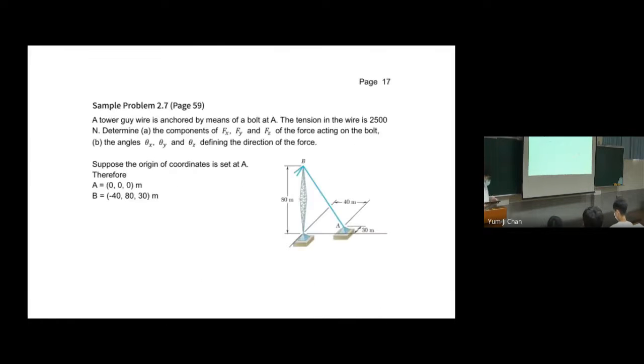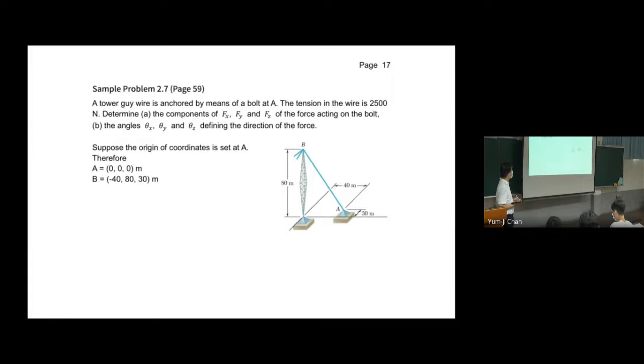Okay, let's do sample problem 2.7. I will only do part of it, because it is in the textbook, and you work on the rest of it.